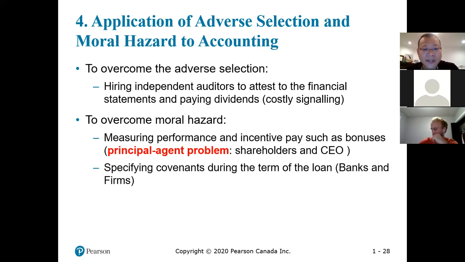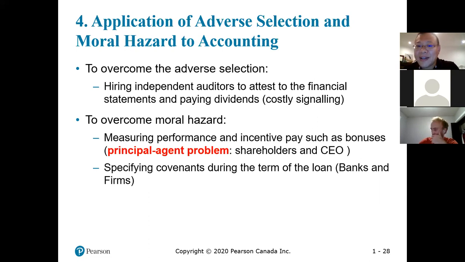In the accounting scenario, what is the signaling for adverse selection? The signaling would be paying dividends. If you want to attract investors, you want to say that your company has very strong earnings. Then pay dividends. You make money, pay your shareholders. So you use the dividend policy to signal that you have strong earnings.